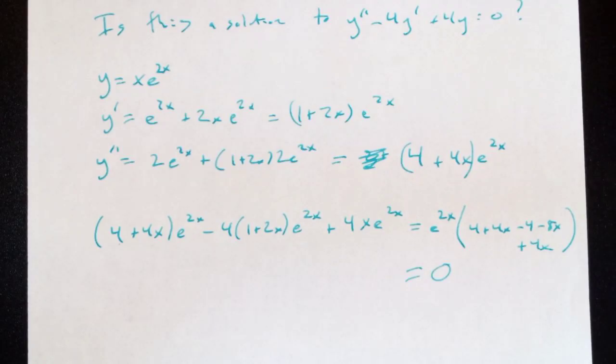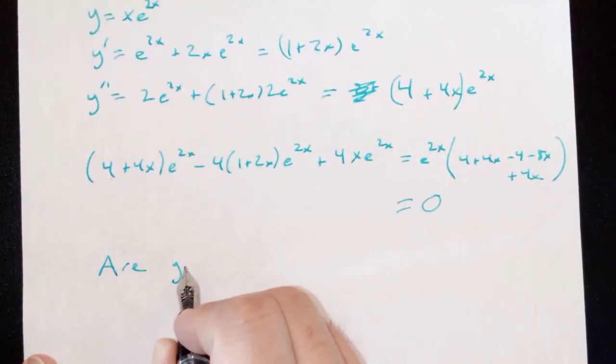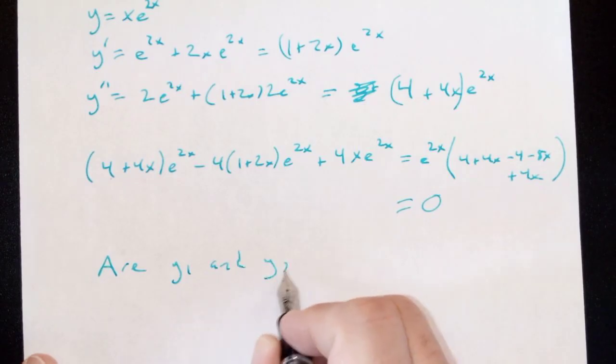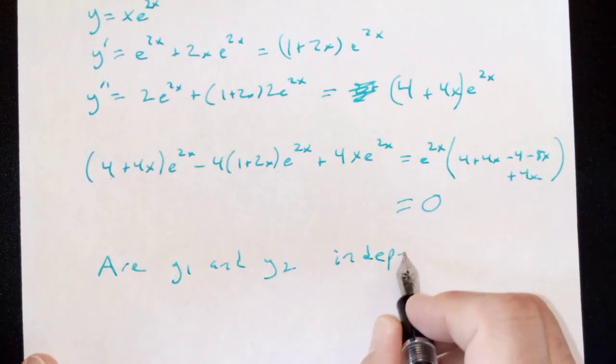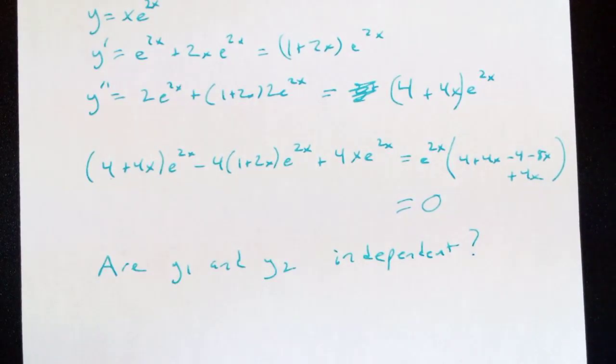Say again? Oh boy. There's one other thing I should check. I want these solutions to form a fundamental set. Want them to be independent. The way to check independence is to check the Wronskian.